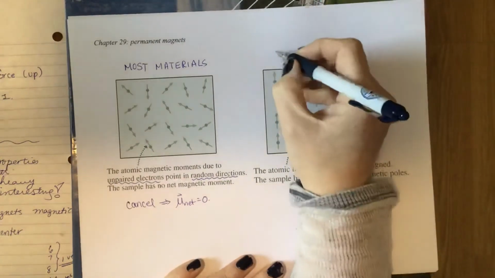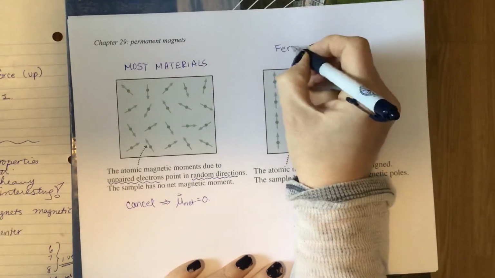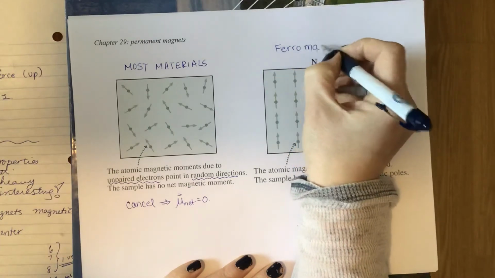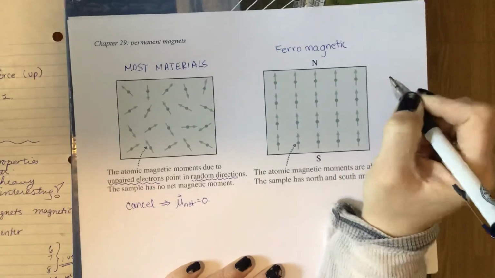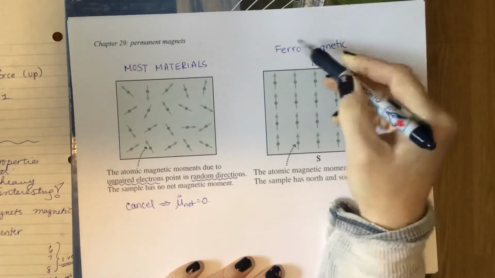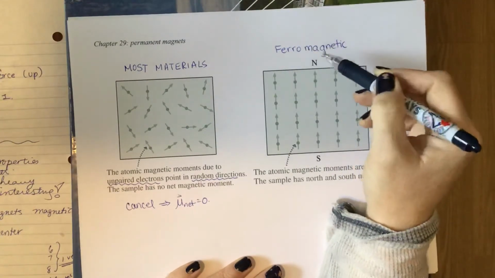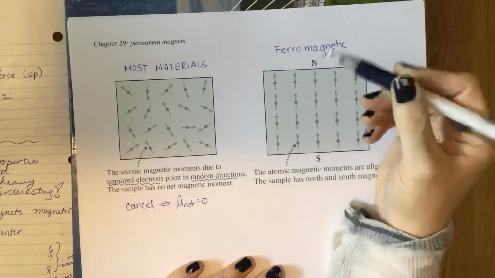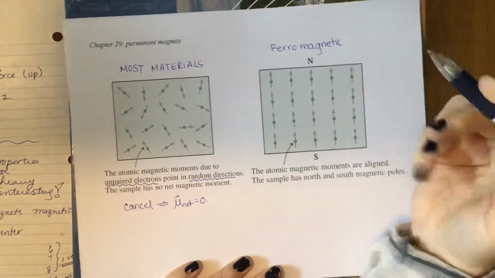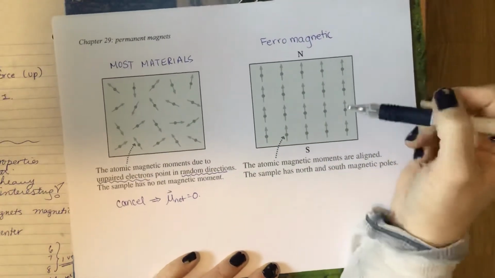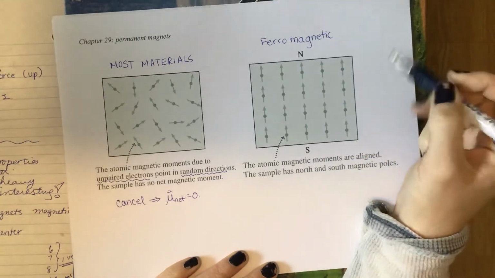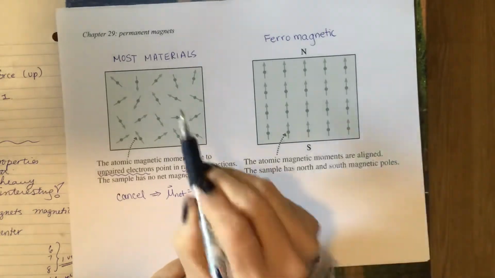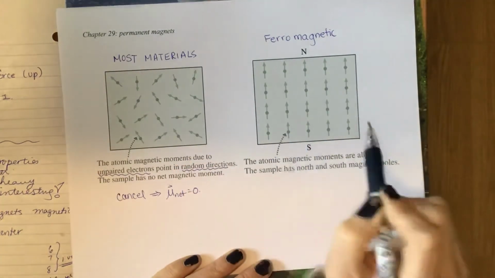But we do have some things that are magnetic. Those are called ferromagnetic. Ferromagnetic materials are different. The prefix ferro means iron, because this idea applies to iron, which was probably the first magnetic material studied. So anything that's magnetic we call ferromagnetic because it's like iron. In ferromagnetic materials, all of these unpaired electrons line up.